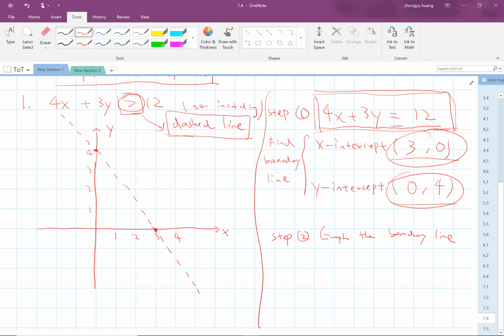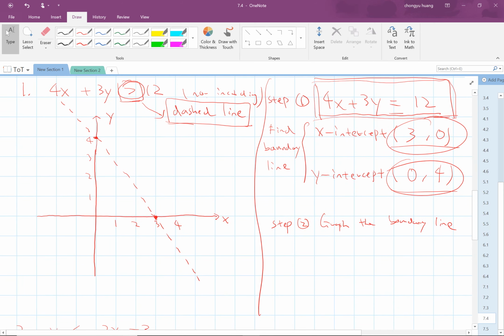Okay, so now step 3. Step 3 is basically we have to find the region for the inequality.